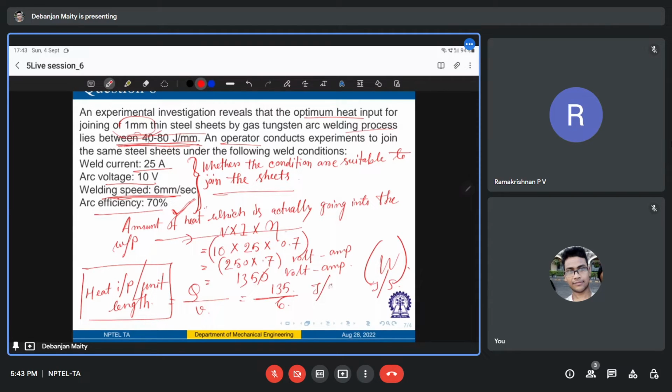This is joule per mm. How much is this coming as? 22.5.